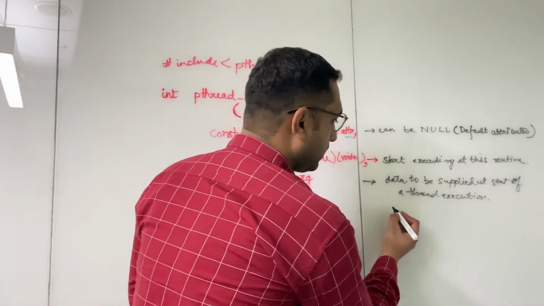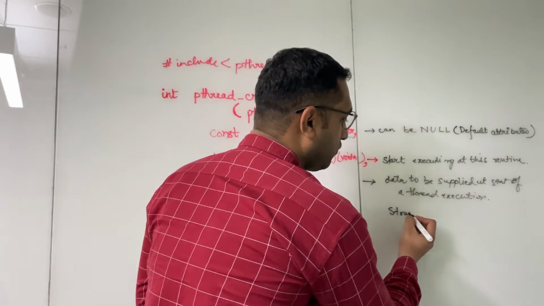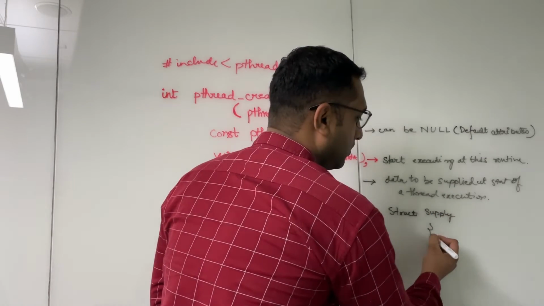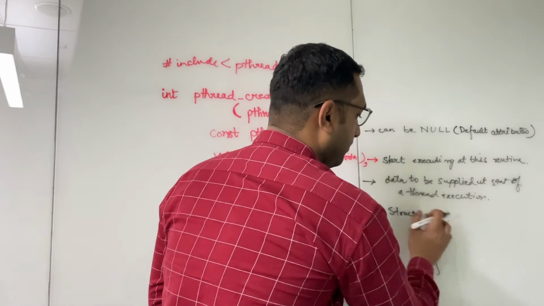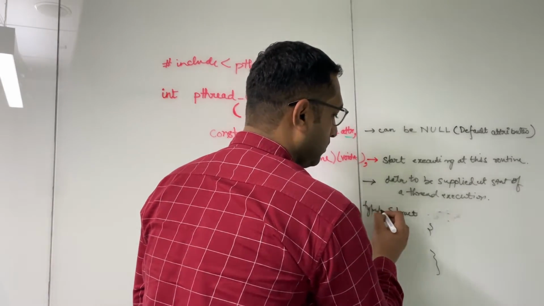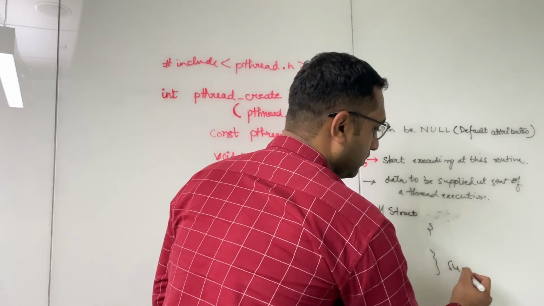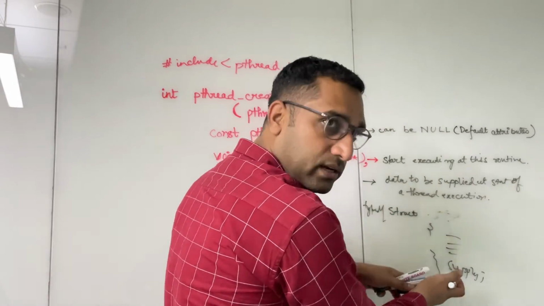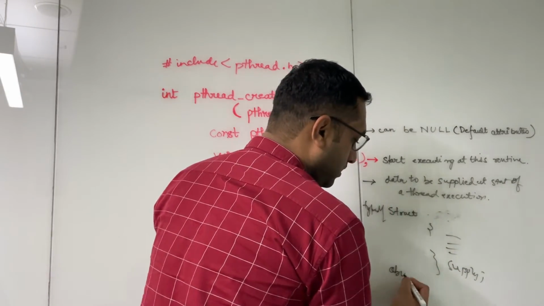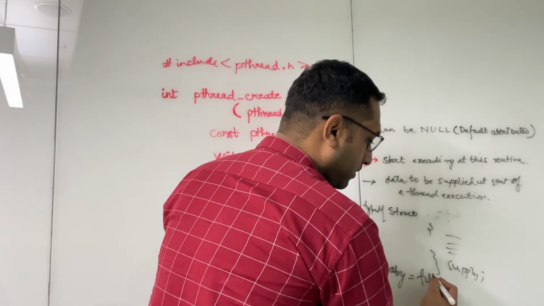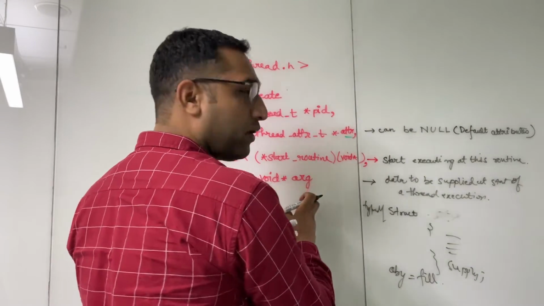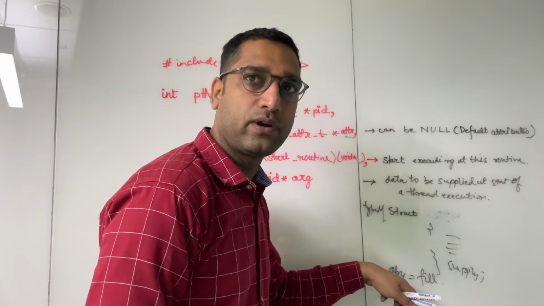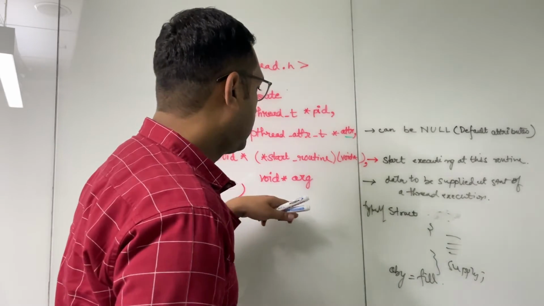You will create a structure, whichever you want to supply. Let's say typedef struct supply. You create its object, then you fill it, and then you typecast the address of this object into void asterisk.